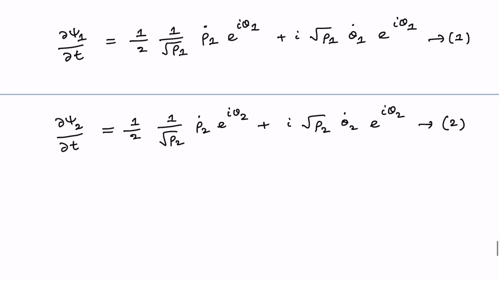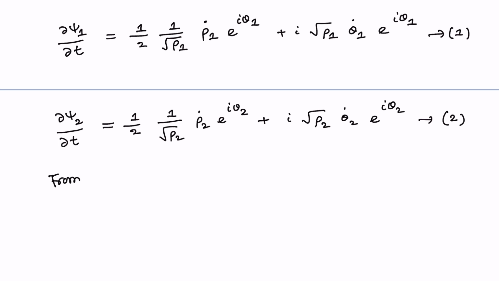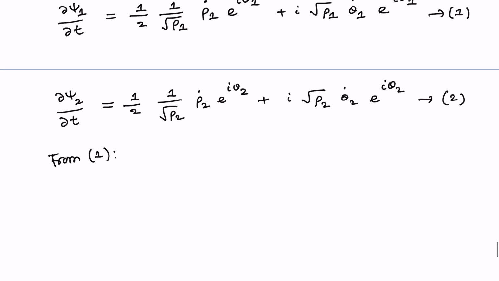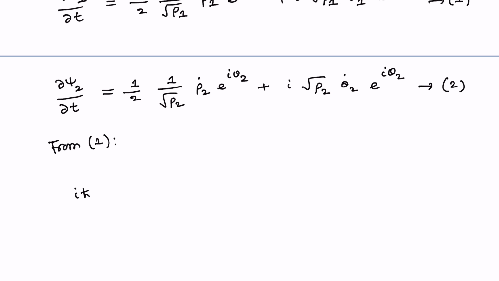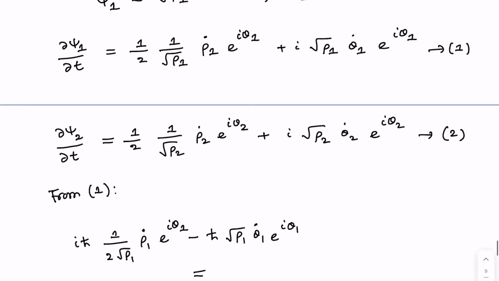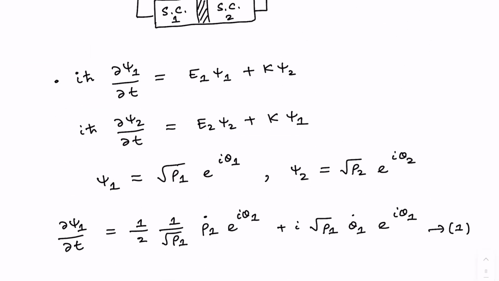Now from this equation 1, I can write i h bar, by putting the value of ∂ψ1/∂t, actually I will get 2 ρ1 dot e to the power i θ1 minus h bar square root of ρ1 θ1 dot e to the power i θ1 is equal to, I am putting that in these coupled Schrödinger equations.